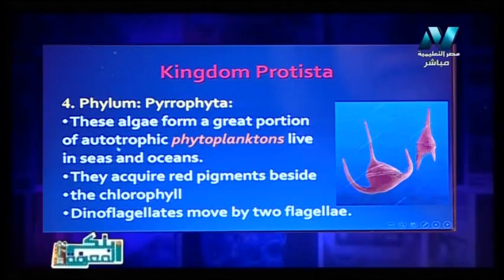They live in marine water, and they include many types of flagellates, like the dinoflagellates, as you see here. These dinoflagellates have acquired red pigments beside the chlorophyll, so they are autotrophic as well, and they have red pigments.